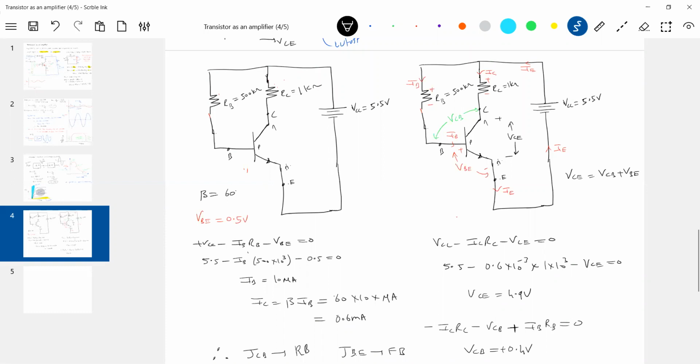Yes, it will come, no? VCB, we are getting 4 volt.